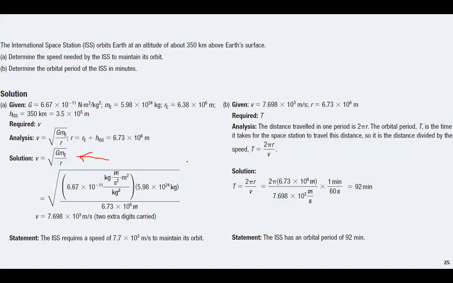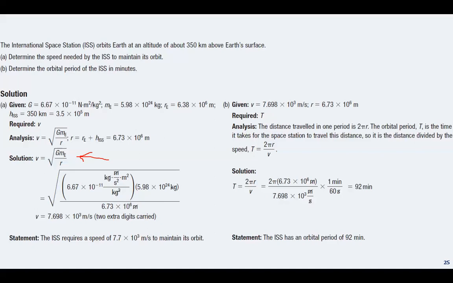Then in question B, the distance traveled in one period is 2 pi r, right? The orbital period T is the time it takes for the space station to travel this distance. So it's the distance divided by the speed. So the period T equals 2 pi r over v.